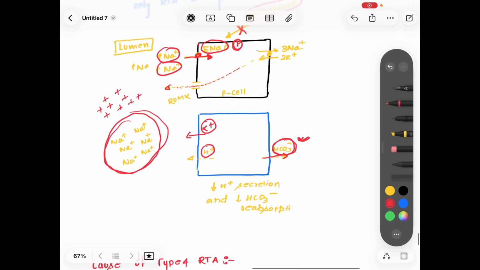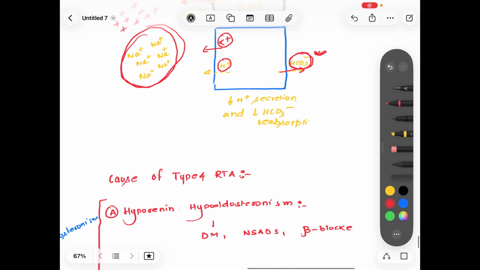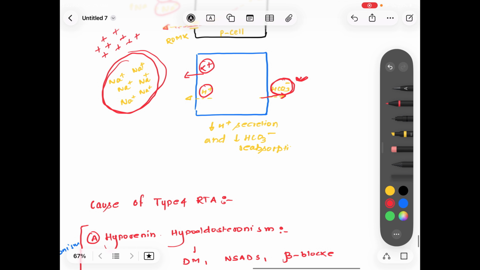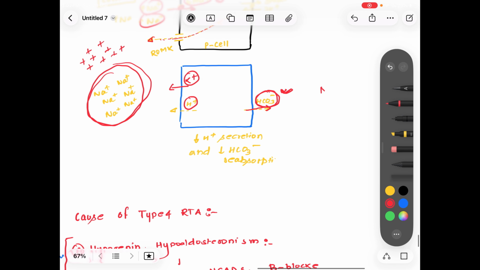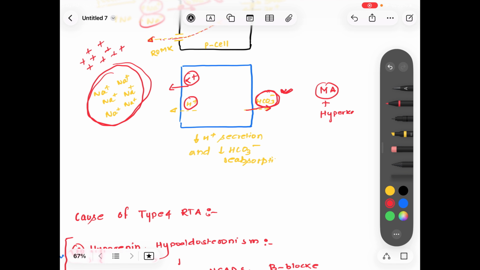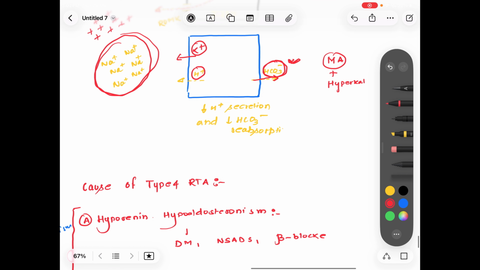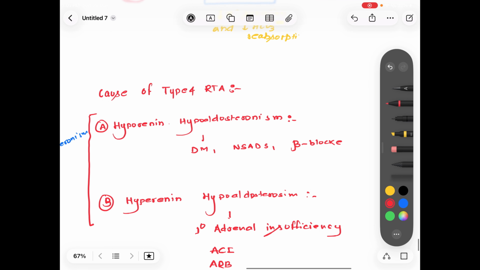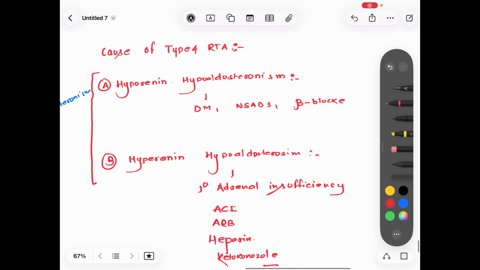So overall what happened? There is metabolic acidosis and hyperkalemia. Metabolic acidosis and hyperkalemia. So now we will shortly discuss the causes of type 4 RTA.